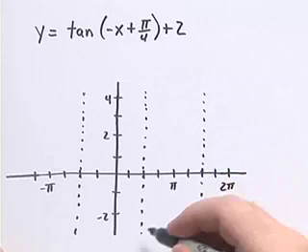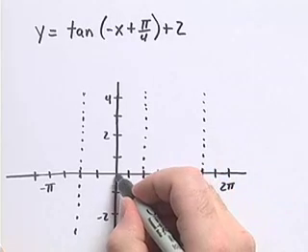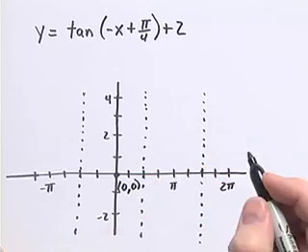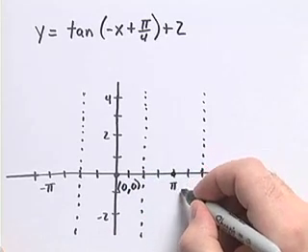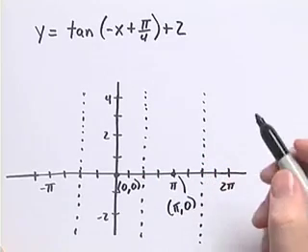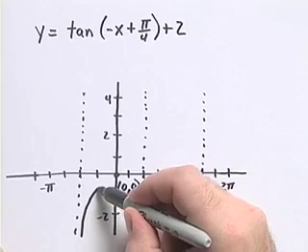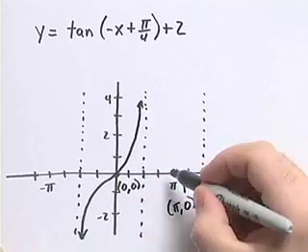We're just going to graph a couple of periods here. The tangent of x goes through the origin, so we have the point 0, 0. It's also going to go through the point pi, 0. So we'll have the point pi, 0. And we can sketch the graph of the tangent. So the tangent is going to look something like this.